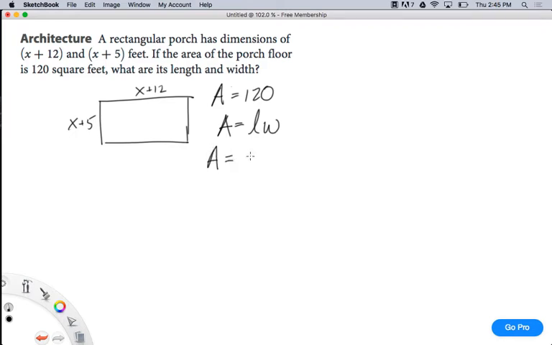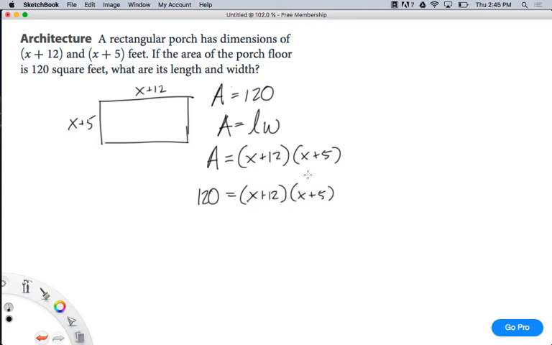So the area equals x plus 12 times x plus 5. But we know the area is 120 square feet, so plug it in for A. I get 120 equals x plus 12 times x plus 5.